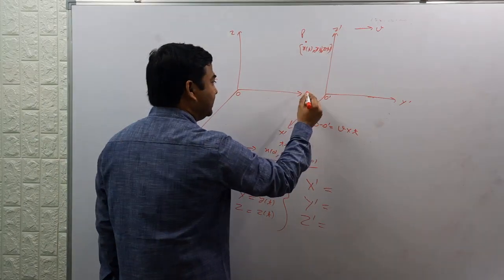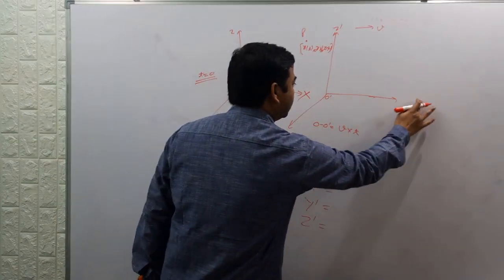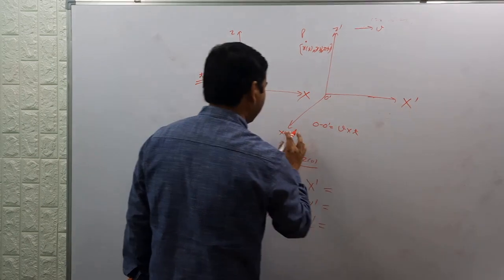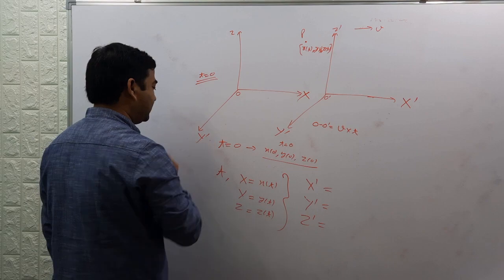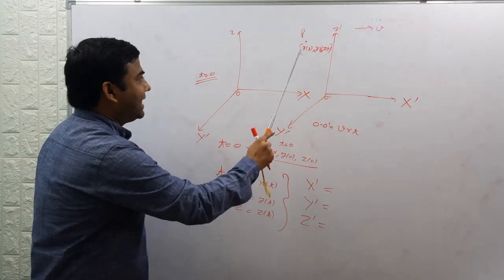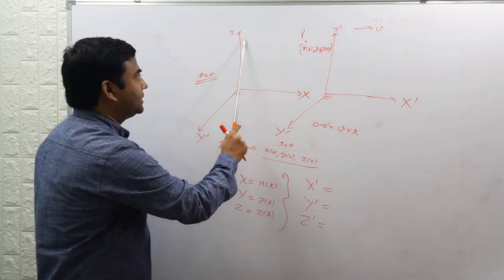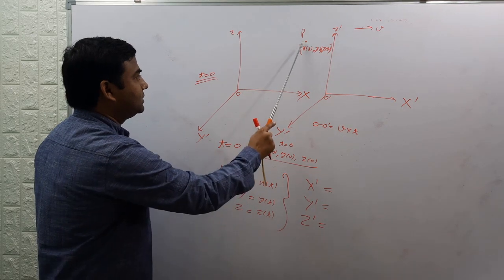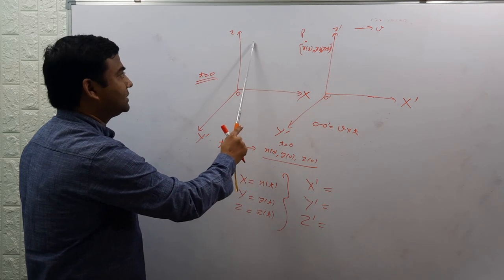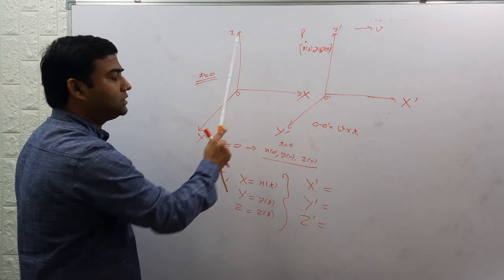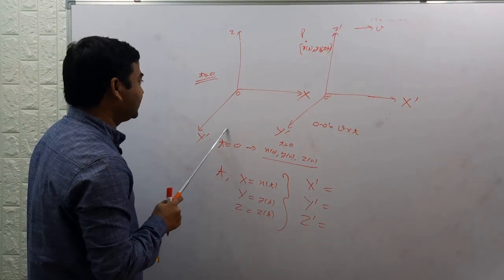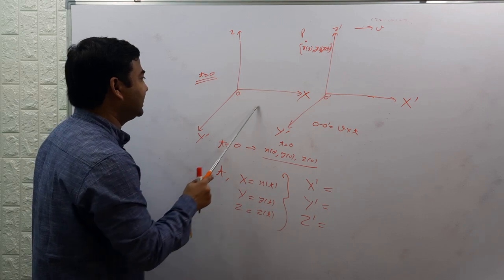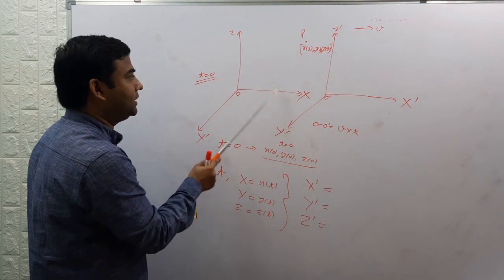We will make it more simple for our understanding purpose. X coordinate is nothing but this distance along the x direction. We know that is the definition of x coordinate. Similarly, y coordinate is the distance of this point along the y direction from the xz plane.